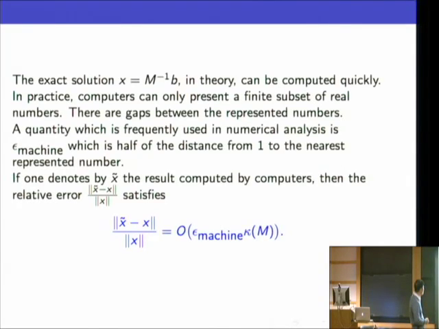That is standard notation in that area. Now if we talk about the solution x, of course it will be changed to some x tilde, and the relative error is going to be proportional to epsilon machine, which is what you expect, and it is also proportional to the condition number of the matrix.